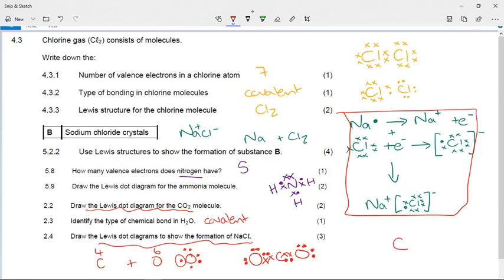So let me draw this for you more neatly. The carbon is putting 2 of its electrons into the bond, and the oxygen is putting 2 of its electrons into the bond, on both sides. And the way you figure this out is when you start matching up the electrons, all of a sudden you notice nobody's happy because not everybody's got 8 electrons.